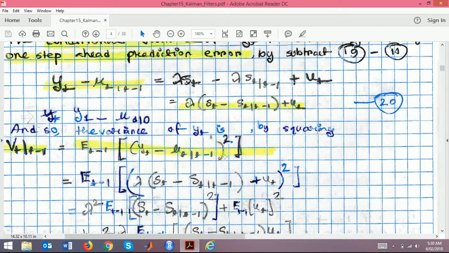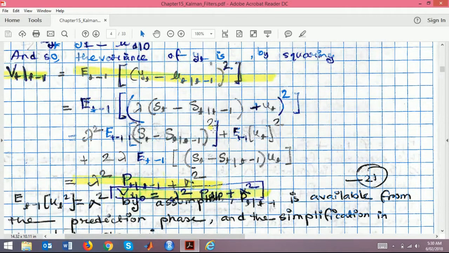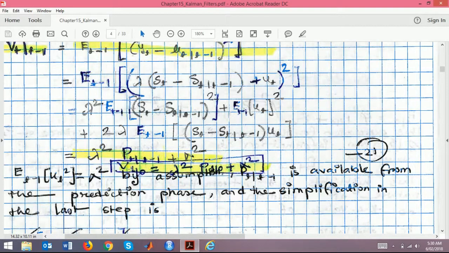So yt minus mu1|0 squared is lambda times S1 minus S1|0 plus ut, whole squared, because mu1|0 is lambda S1|0 and yt is lambda st, and both have ut. Squared, we then end up with lambda squared P1|0 plus sigma squared residual. So V1|0 is lambda squared P1|0 plus sigma squared.